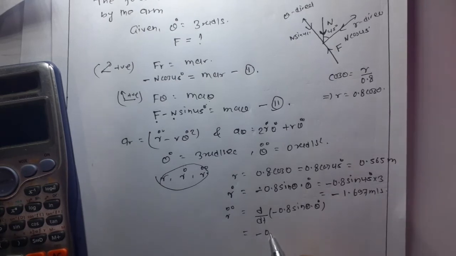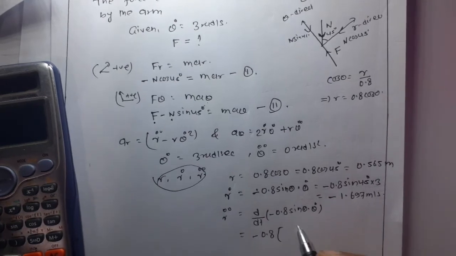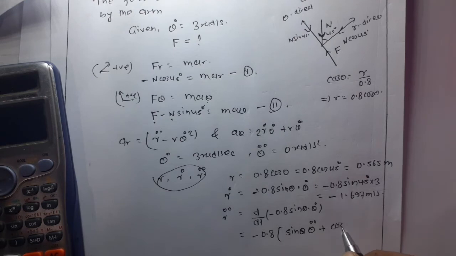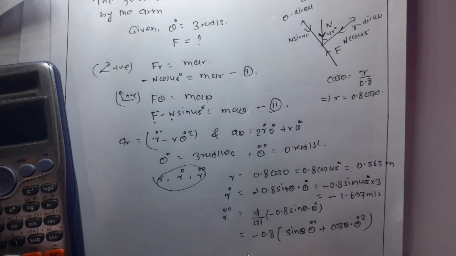And r double dot is d by dt of minus 0.8 sin theta theta dot. So this is minus 0.8 times sin theta times the derivative of theta dot, which is theta double dot, plus the derivative of sin theta, which is cos theta, and the derivative of theta is theta dot, so this gives theta dot squared.